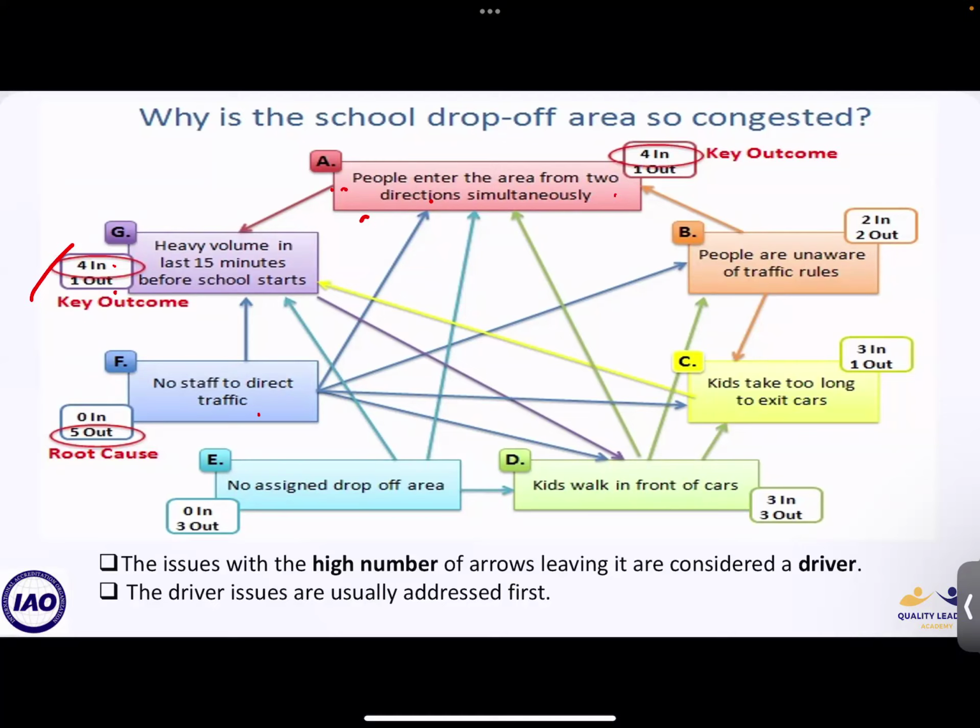So we have the people enter the area from two directions simultaneously, and there is no assigned drop-off area. What else? The other root cause. We have the kids walk in front of cars.